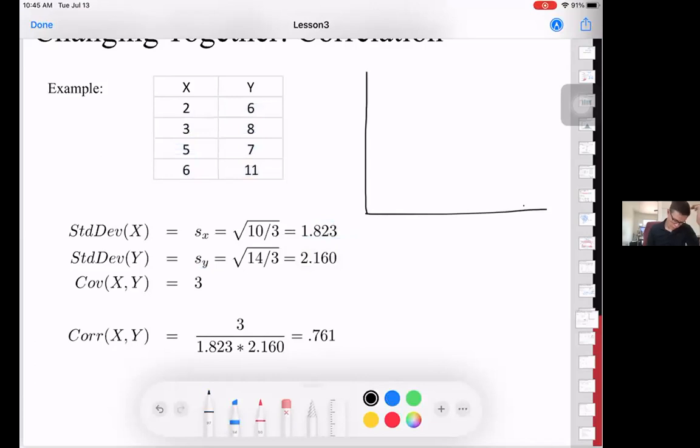What does a correlation of 0.76 look like? That's pretty high. So we've got the biggest X is 6, the smallest is 2, and then we've got 3, 4, 5. And Y we've got 11, 6, 7, 8, 9, 10.